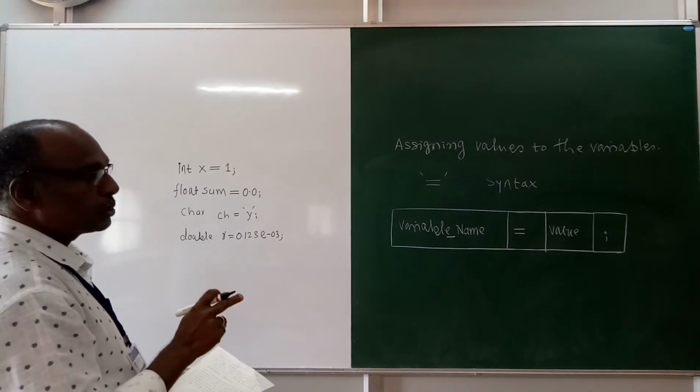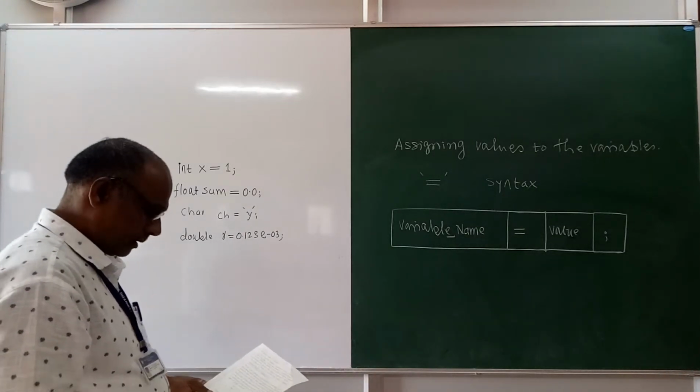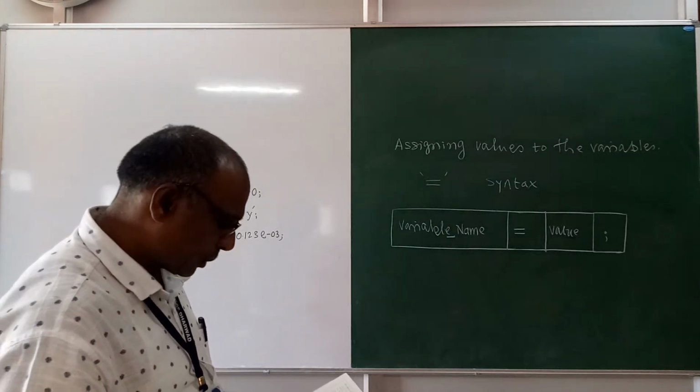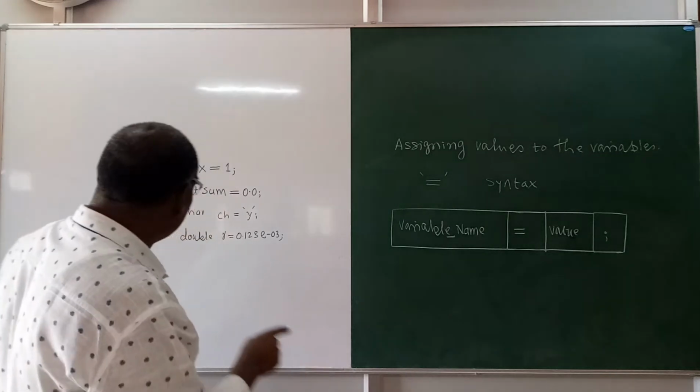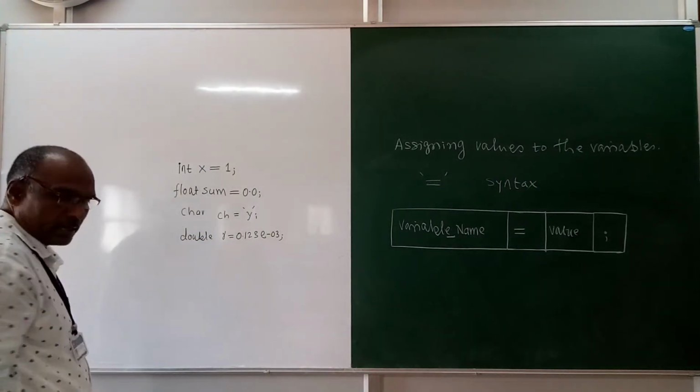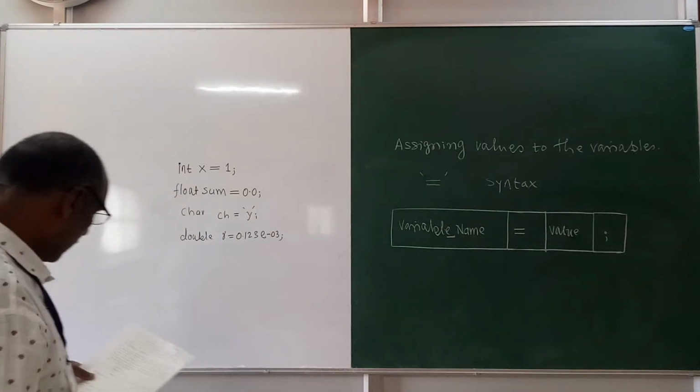Assignment of values to the variable in the executable part of a C program does not include the data type. It is simply like this.